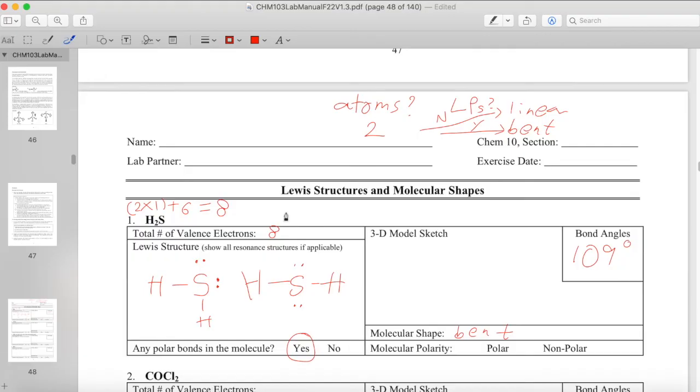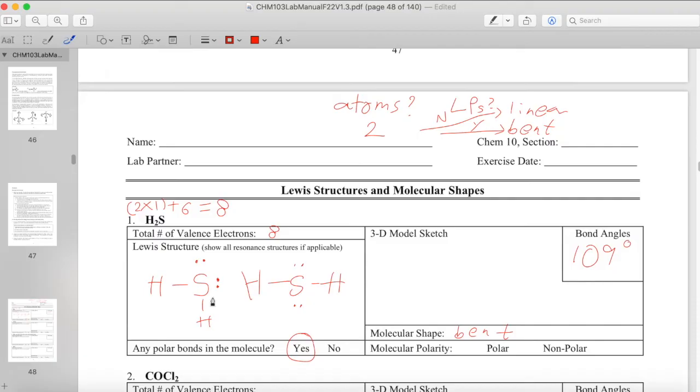The next question to ask yourself is, what implication does this have for our molecule? Is our molecule going to be polar or nonpolar? The quickest way to figure out if a molecule is going to be polar or not is to look at your central atom and ask yourself, is everything coming off of that central atom the same?